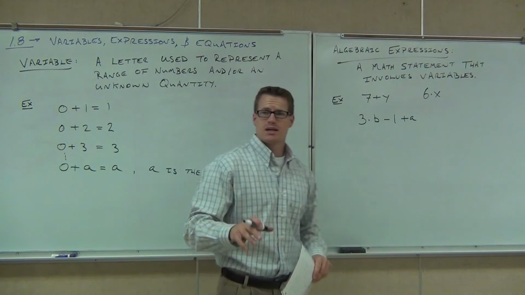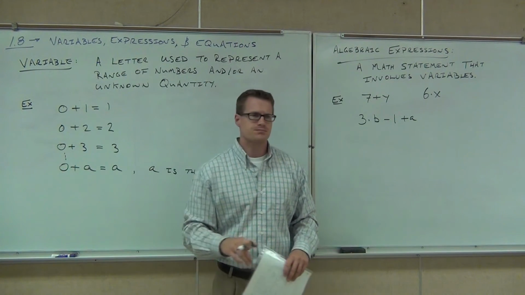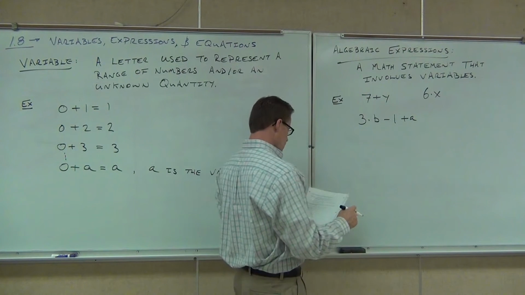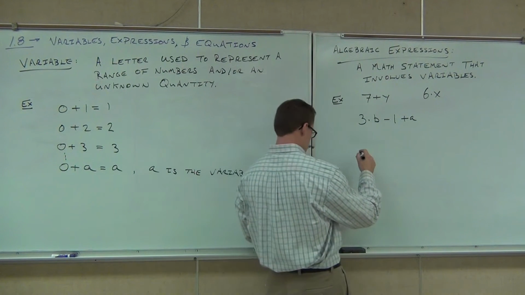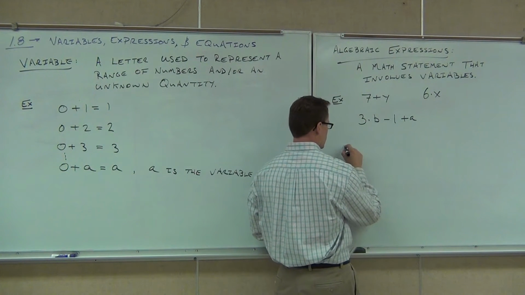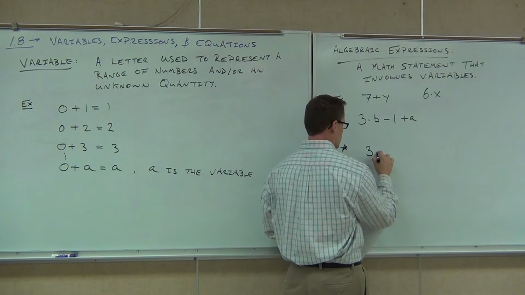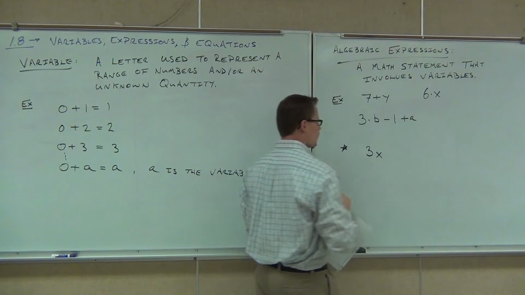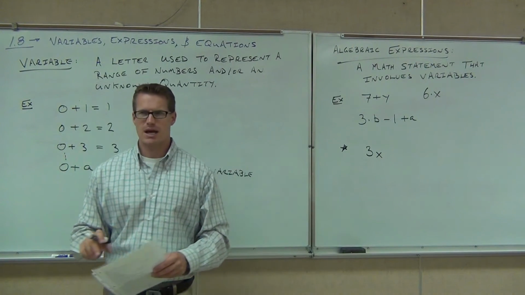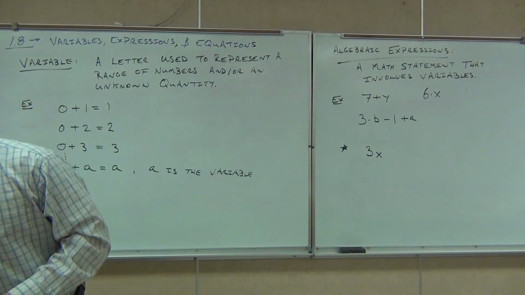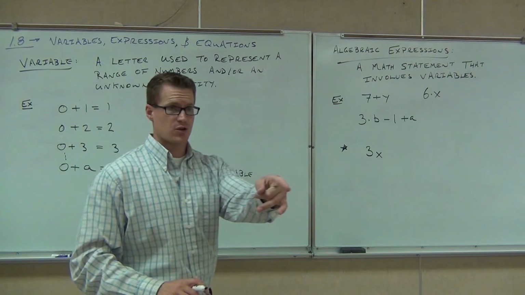Okay, one more thing before we get into evaluating, and that's this. We need to know what that actually means when I say 3x. 3 times x. Yeah, there's an operation there, and you're exactly right.